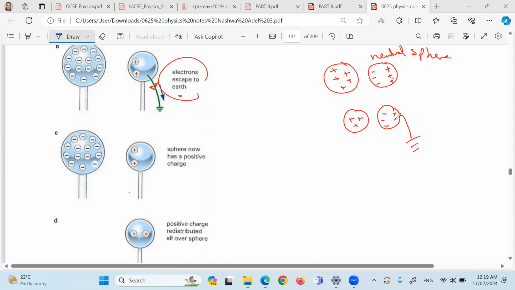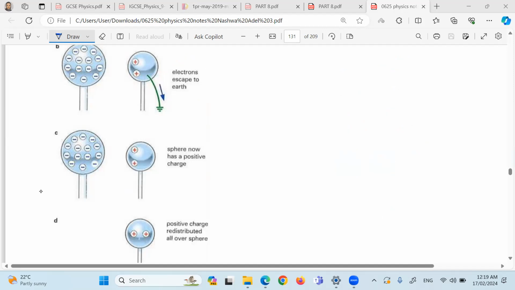In this case, what happens is that electrons move up from the earth to the positive charge. So the electrons' direction will be like this. Therefore they neutralize the positive part. So this one has a negative charge only, and then remove this object, and I am left with negative charge distributed uniformly. Okay, so we finished the first part.